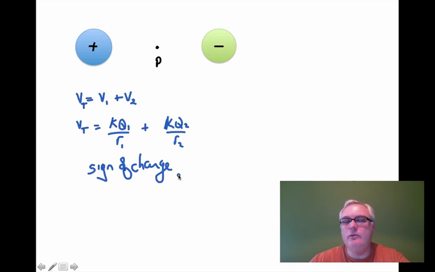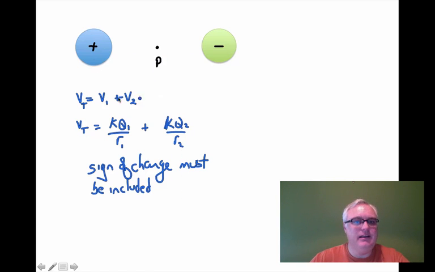That's unlike when we were talking about electric fields and electric forces. Okay, you can have both positive and negative potentials. So we're still just adding the two quantities, but in this case they're scalar quantities, and the sign of the charge has to be included because we can have positive and negative potential.